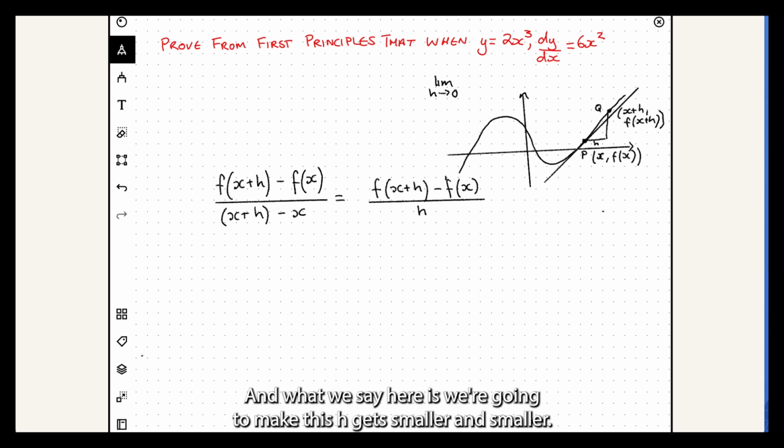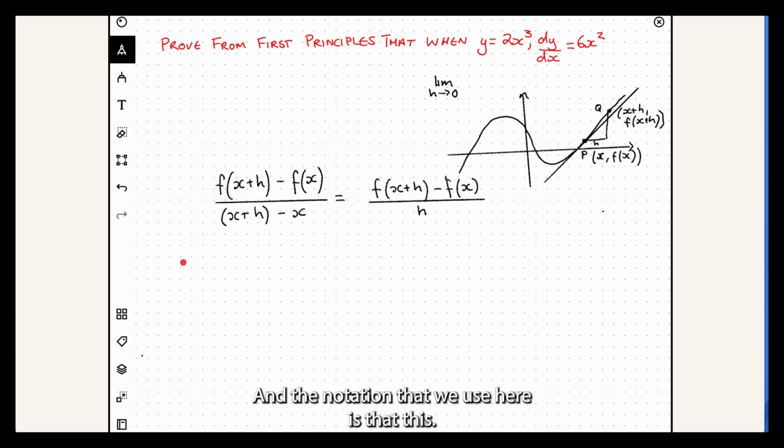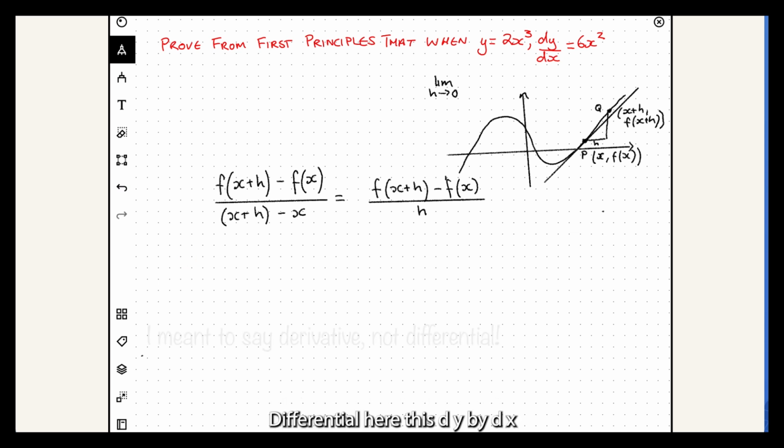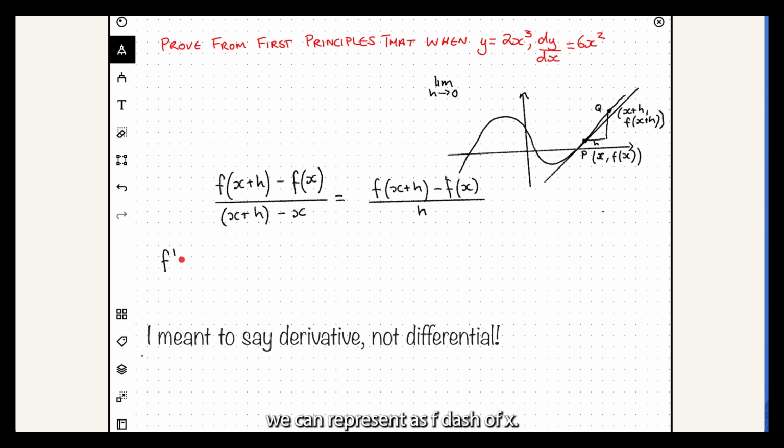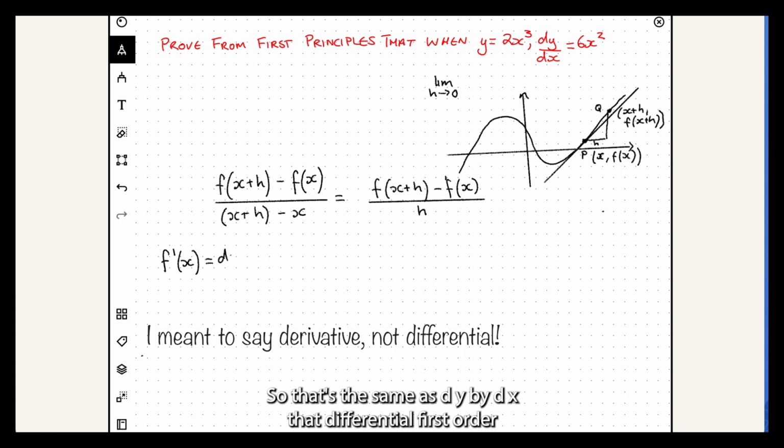And what we say here is we're going to make this H get smaller and smaller. And the notation that we use here is that this differential here, this dy by dx, we can represent as f dash of x. So that's the same as dy by dx, the first order differential, or the gradient function as it is sometimes called.